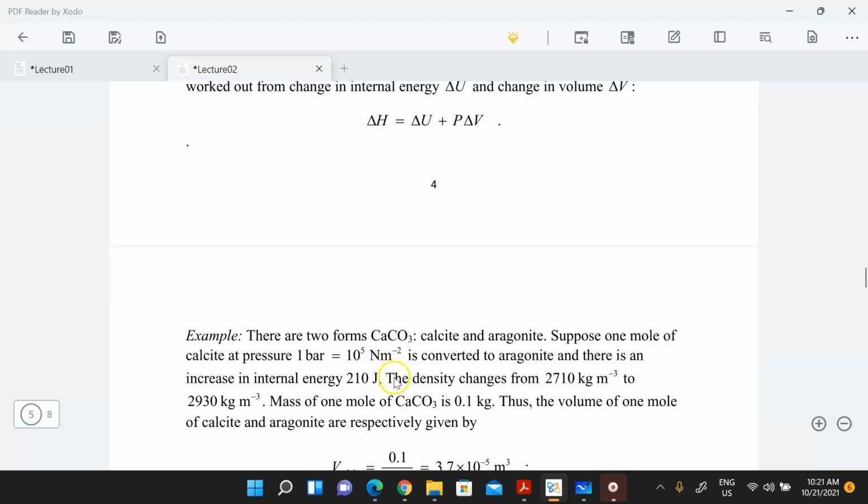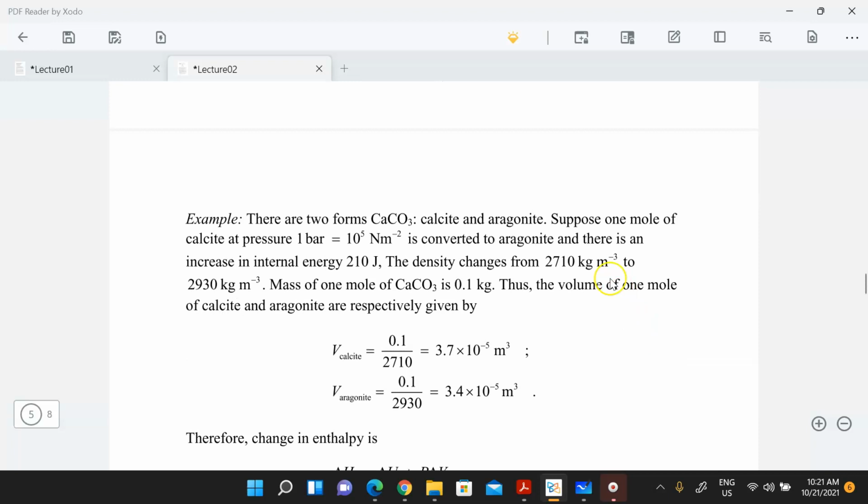From one form to the other, it also changes the density, so it changes from this much kilogram per meter cubed to this much kilogram per meter cubed. It was given in the book that the mass of 1 mole of calcium carbonate is about 0.1 kilogram.